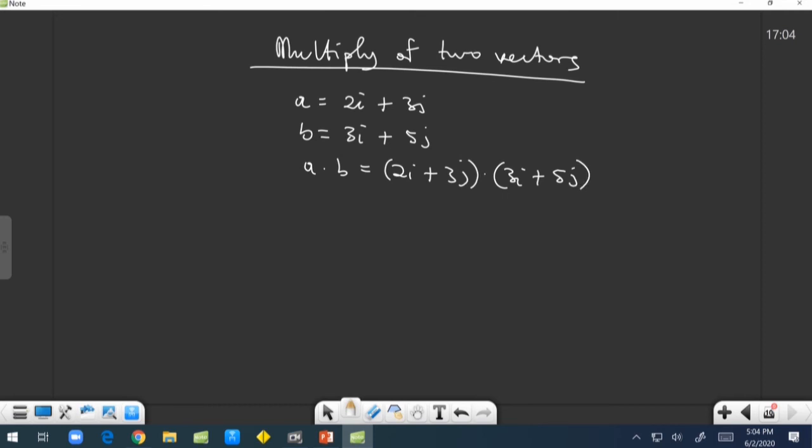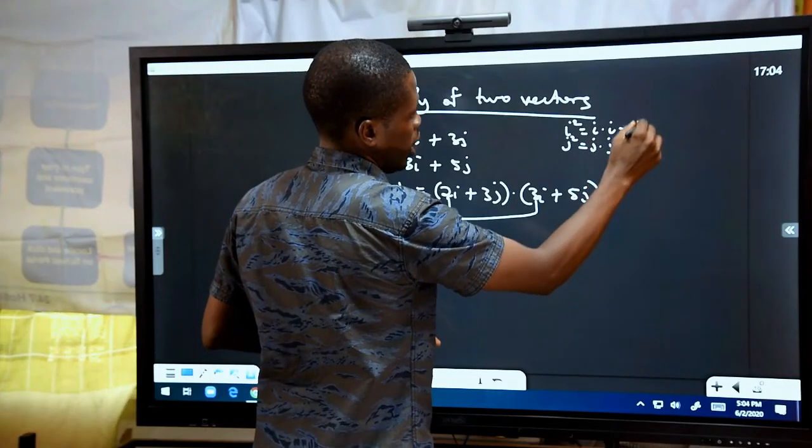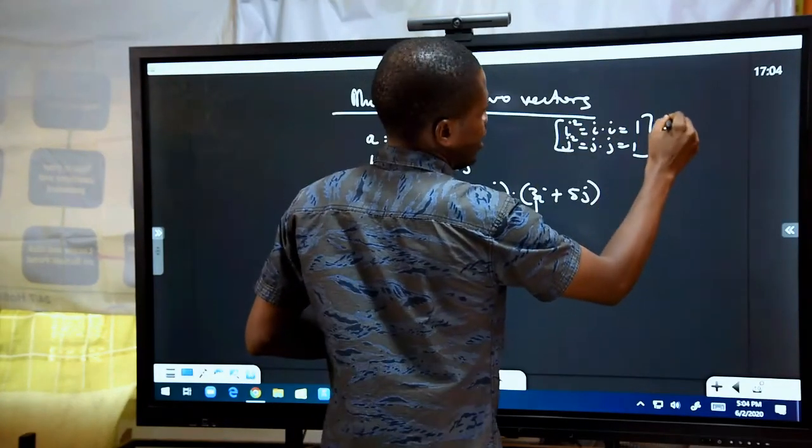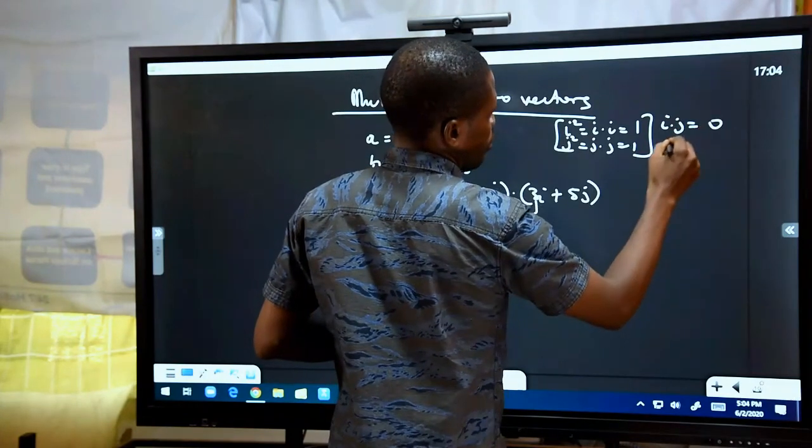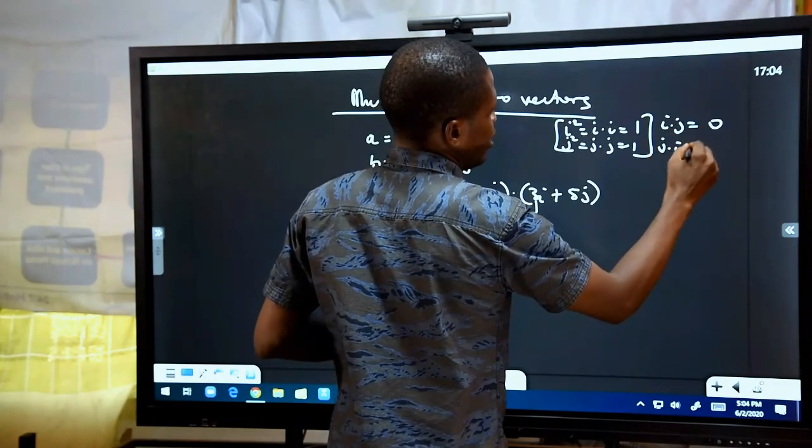So we multiply them based on the rules. 2 multiply 3i is equal to 6i squared, that is 6, because we said that i squared is equal to i dot i, and that is 1. And j squared is equal to j dot j, and that is 1. However, i dot j is equal to 0, and j dot i is equal to 0.